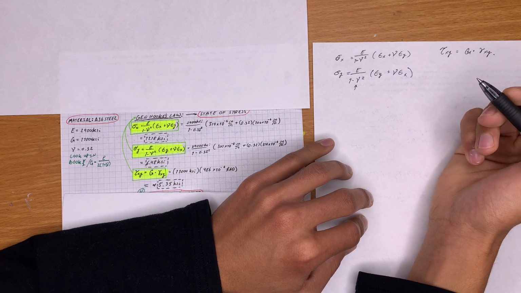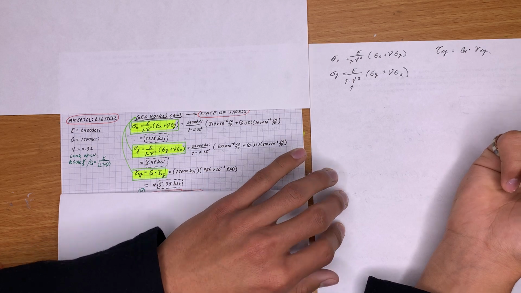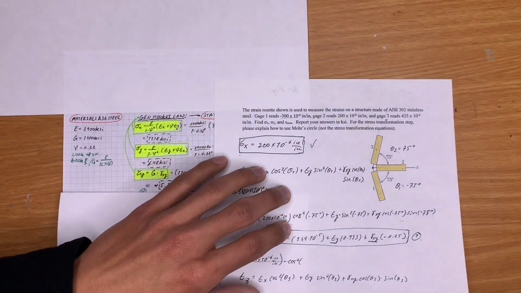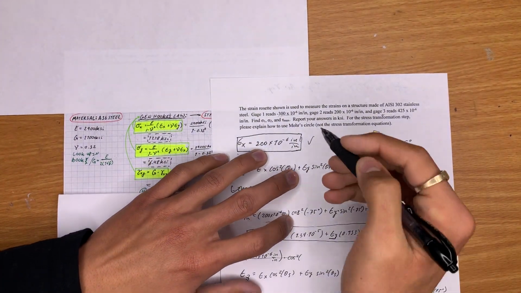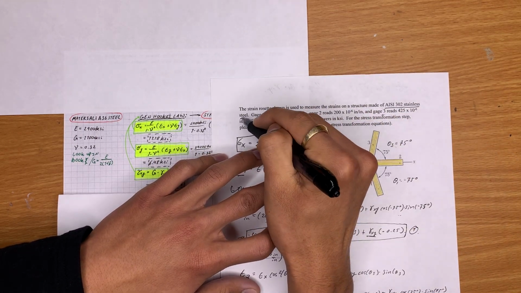The way we do that is in the textbook, or we look at our material, which if we recall is AISI 302 stainless steel.